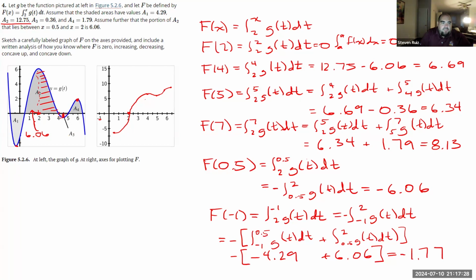So I start off with this being a critical point because this is where function g is equal to 0. Don't be so picky, just let me draw. All right.